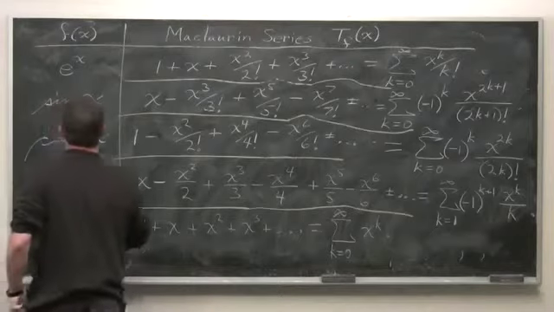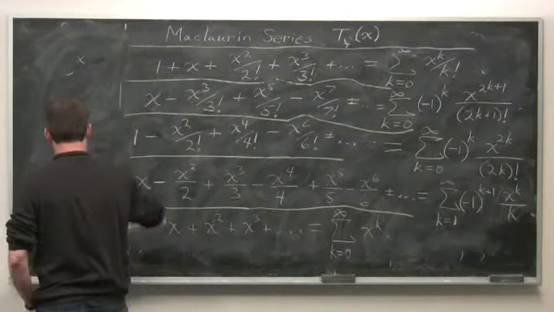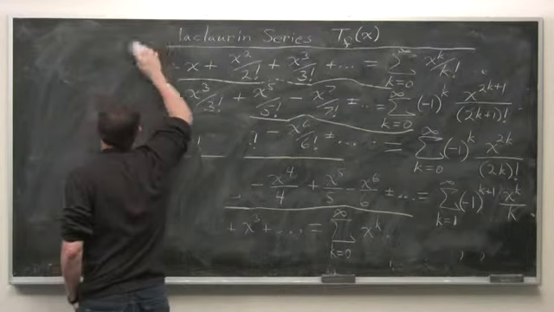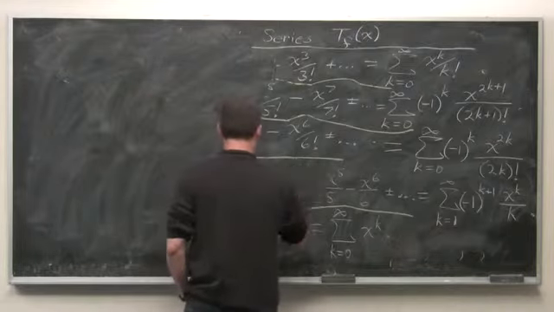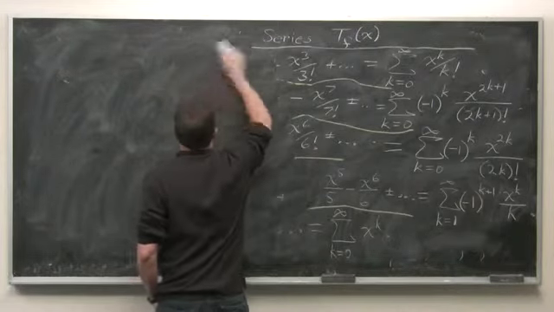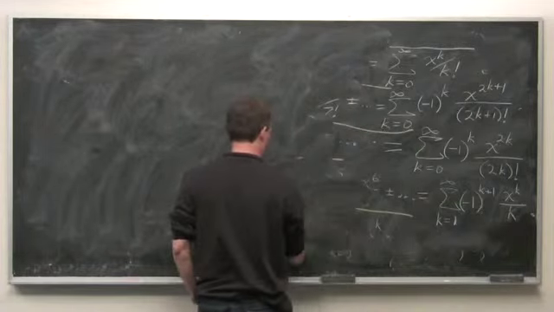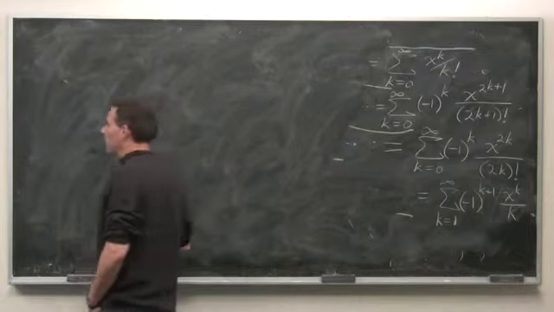Well, in addition to making signs alternate by taking minus 1 to the k, another algebraic property that comes up over and over again when you're working with Taylor and Maclaurin polynomials and series is how factorials work.